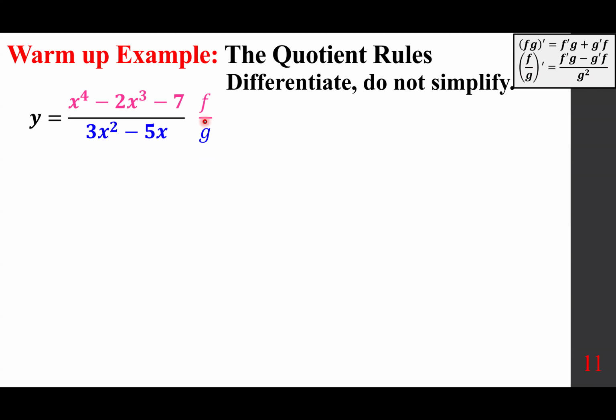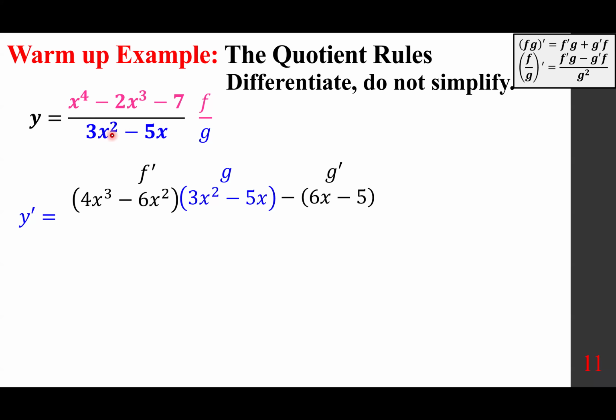So f prime is 4x cubed minus 6x squared, and this is 0. So 4x cubed minus 6x squared times g. Just write the bottom, the blue function, 3x squared minus 5x, minus g prime, 6x minus 5, times f, the top function, x to the power 4 minus 2x cubed minus 7, over, just write the denominator in parentheses and square it.